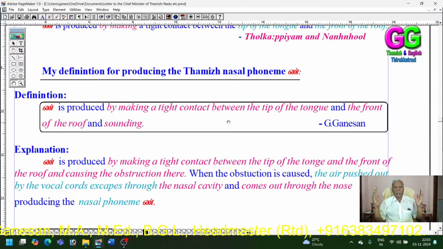There is no vast difference. But in my explanation, I have given full details of how this nasal phoneme ன is produced. The peculiarity of this Tamil phoneme is that it is not available in English.